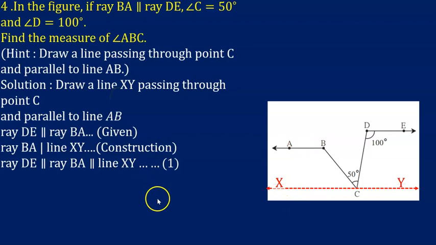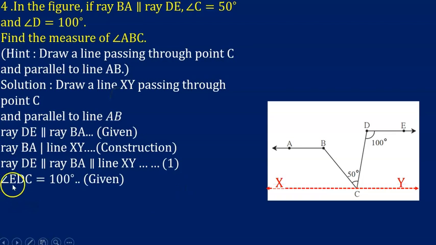That is our construction. This is the first one. As BA is parallel to XY, it means that ray DE is parallel to ray BA, which is parallel to line XY.